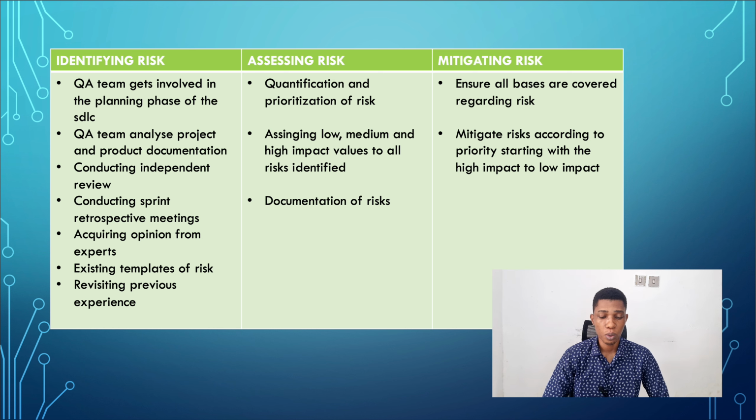So this step involves quantification and prioritization of all risk. Low, medium, and high values will be assigned to all risk identified, right? You want to know which ones are high, medium, and low impact risks.